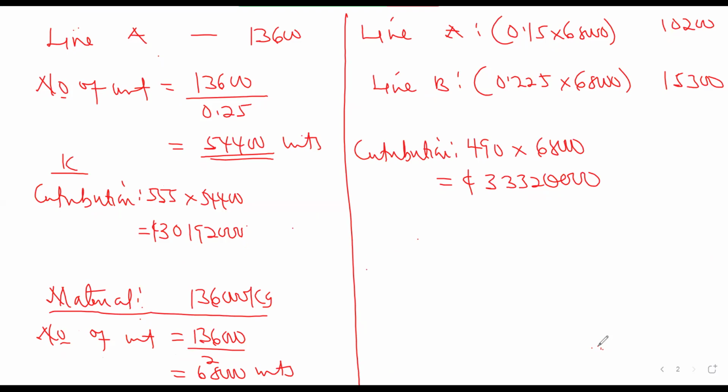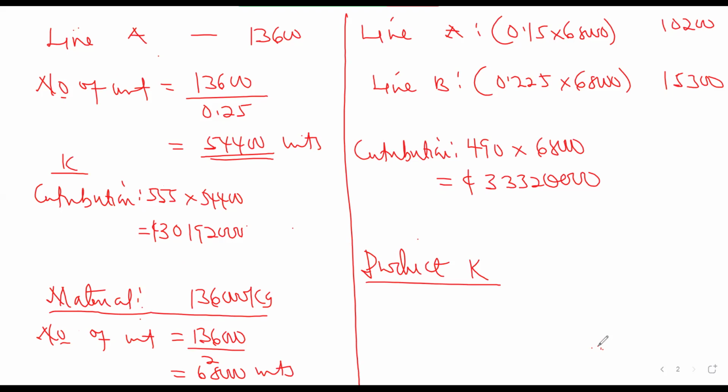Will there be any machine hours left on line A if you are producing product K, where we are producing 54,400? Would there be any machine hours left on line A for product K? That will be 0. There will be 0 machine hours over there.